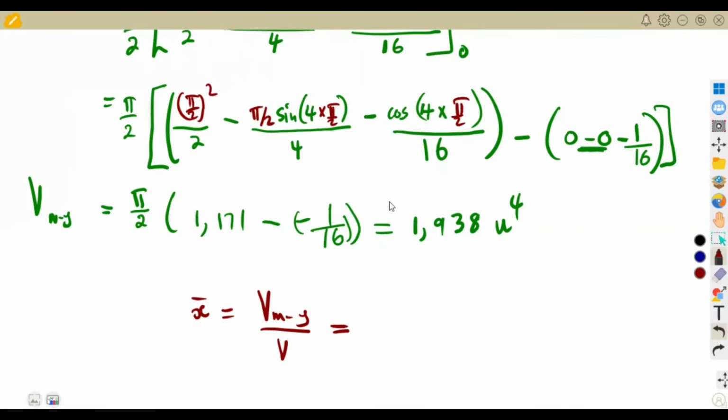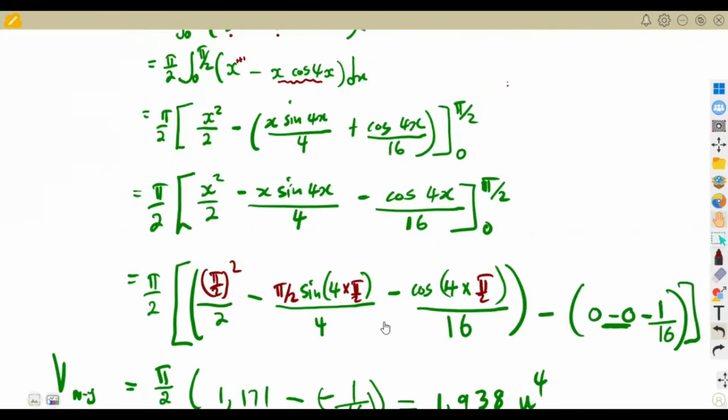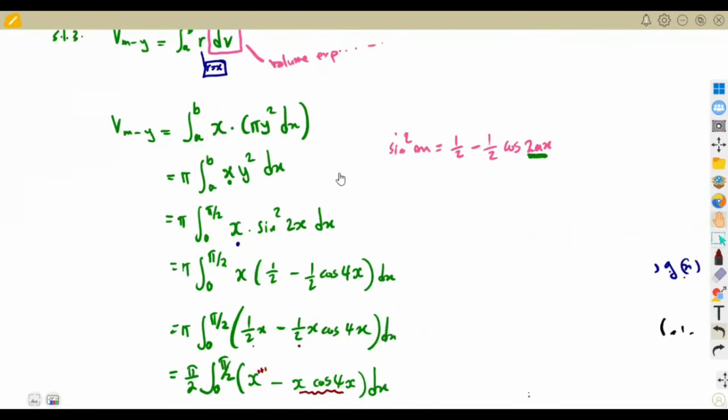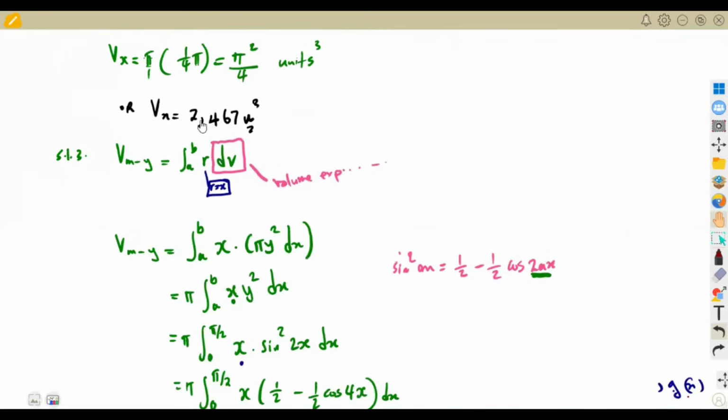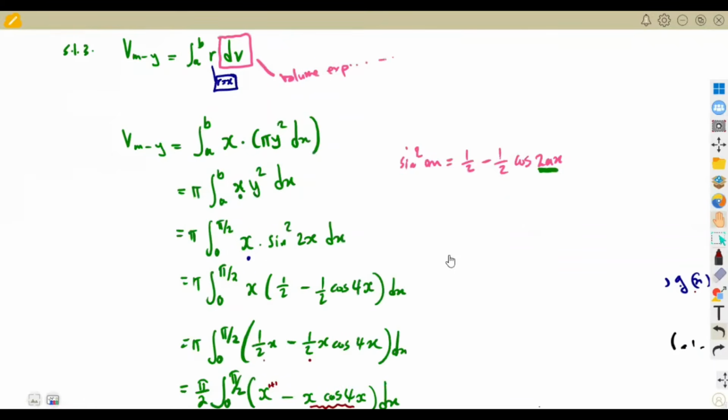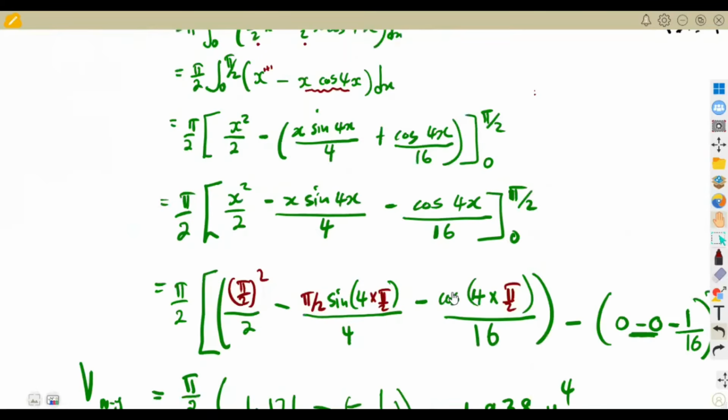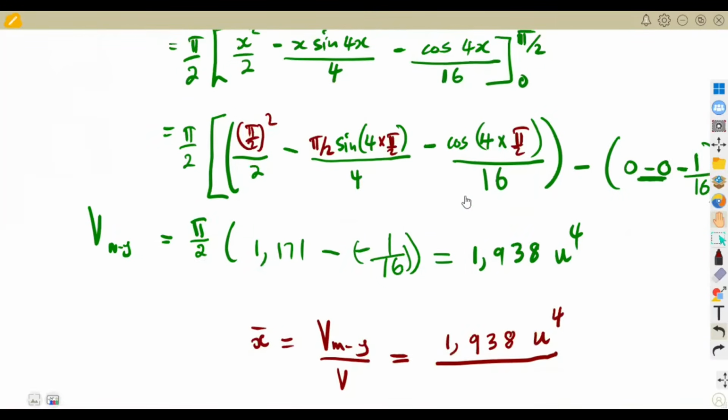The volume that you calculated corresponds with the volume moment that you just calculated now. So our volume moment, we got 1,938, measured in units to the exponent of 4, over the volume that we calculated. Remember our volume, we're just going to take it as it is, and it was 2,467, or pi squared over 4, or 2,467 cubic units.